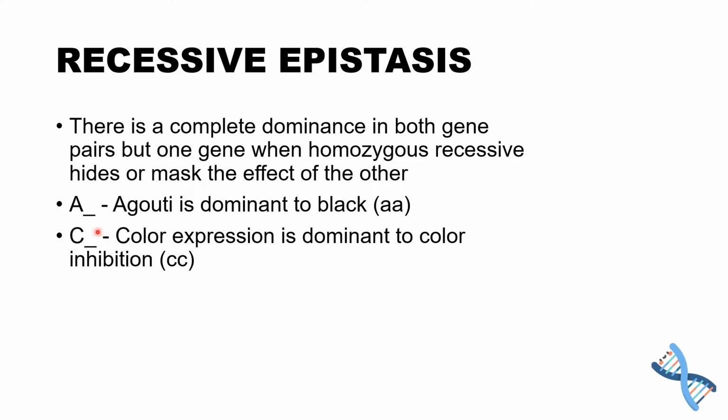Now, for the gene pair C, the dominant C pertains to color expression, and our recessive c pertains to color inhibition. So, our dominant C means color expression is dominant to color inhibition. We should always remember that rule for the example.